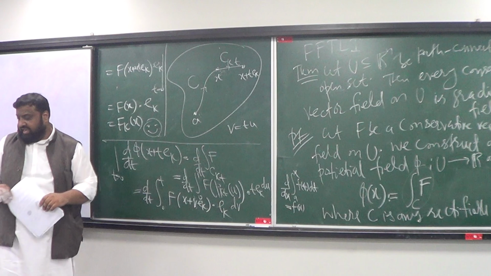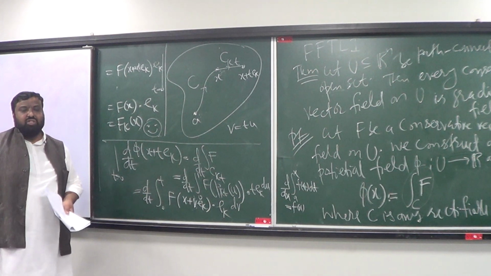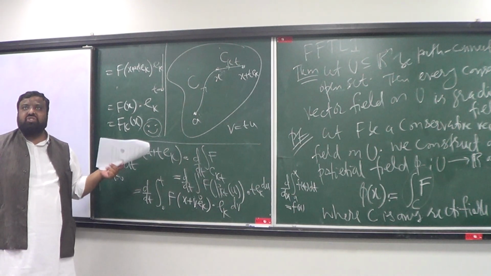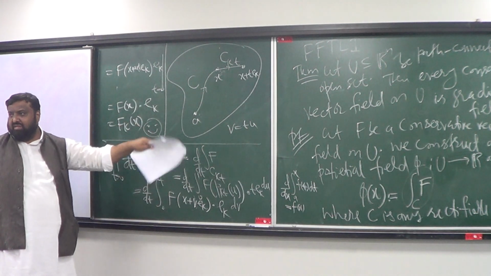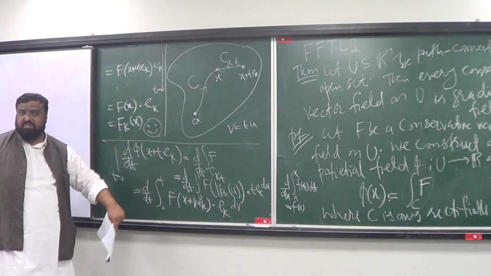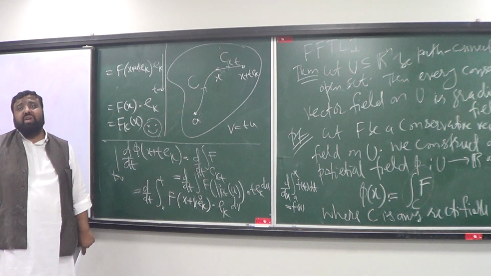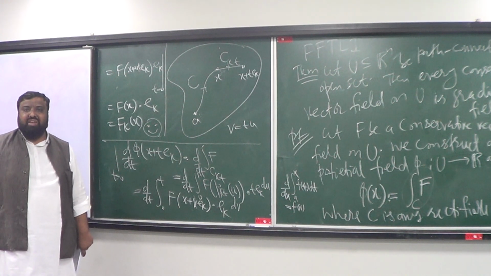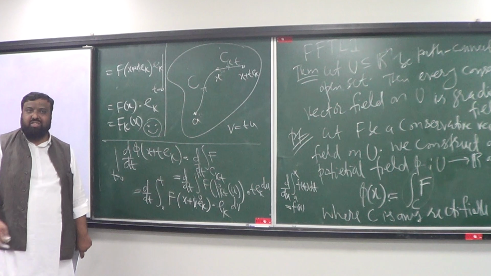Okay. Now I would like to talk about the Poincare lemma. In the beginning of today's discussion, we constructed a potential for a given vector field by solving a system of partial differential equations. The question is, can I know in advance whether my given vector field is a gradient field or not, without trying to construct the potential?